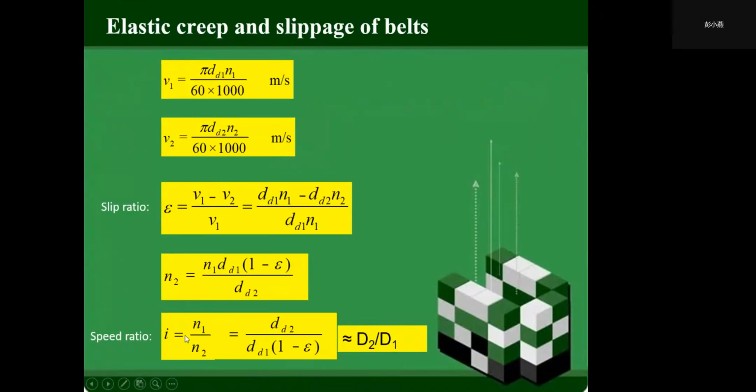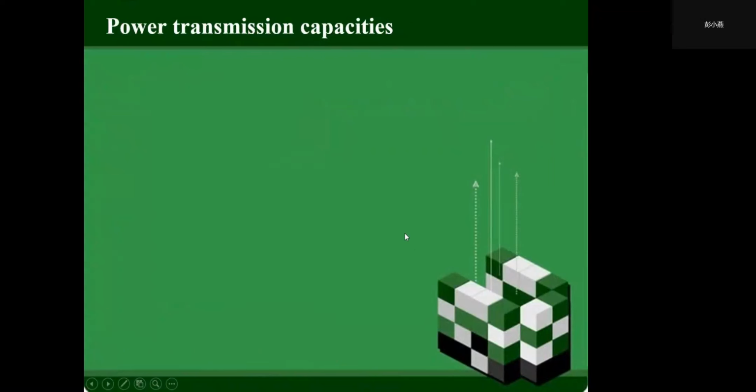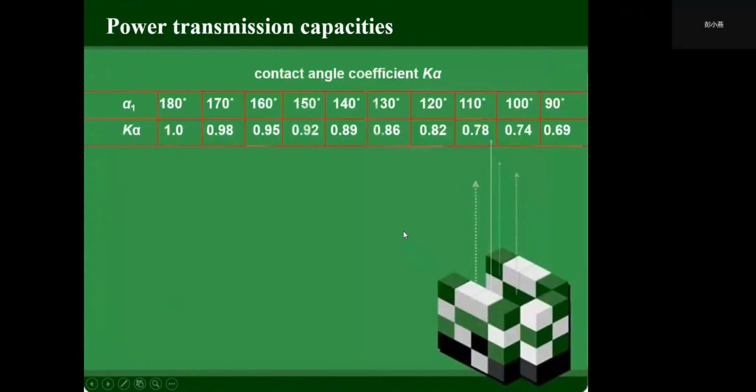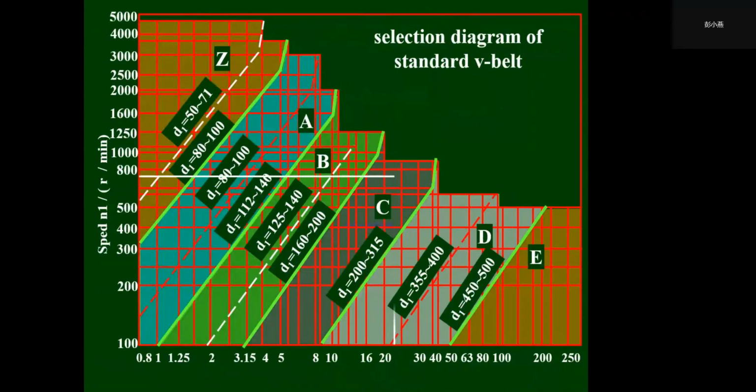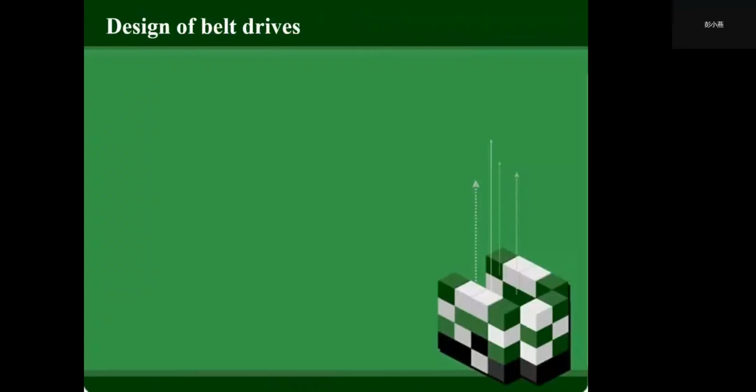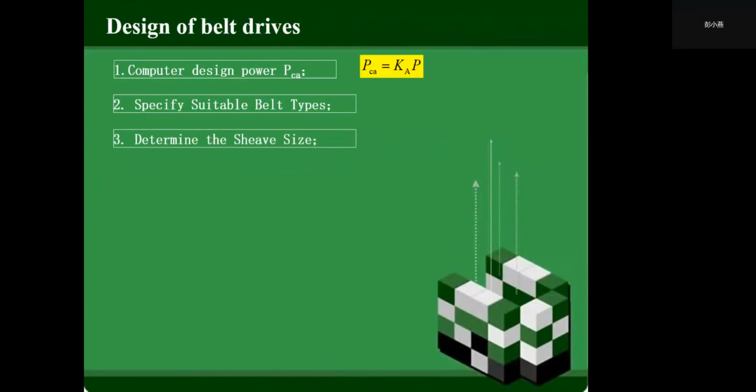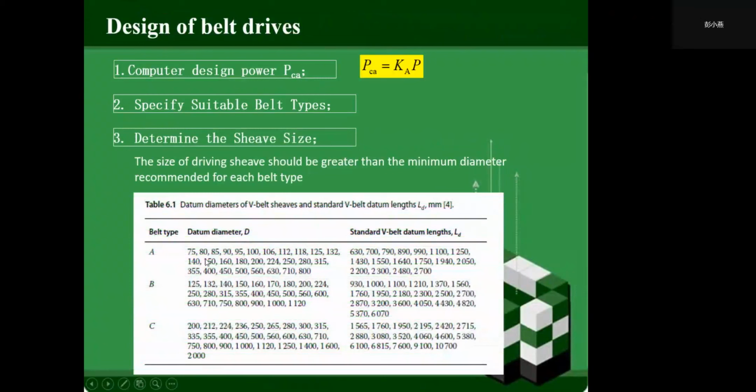So we should know the speed ratio of the belt drive. We choose the diameter of the driving pulley, and through the speed ratio we can calculate the driven sheave diameter.